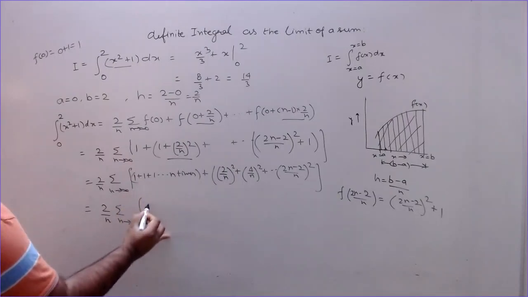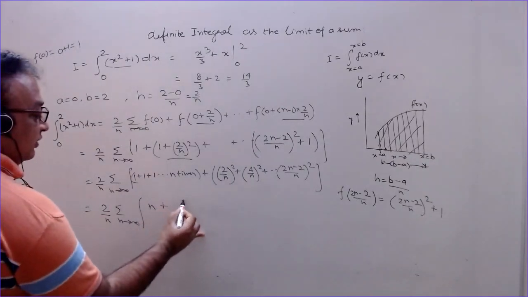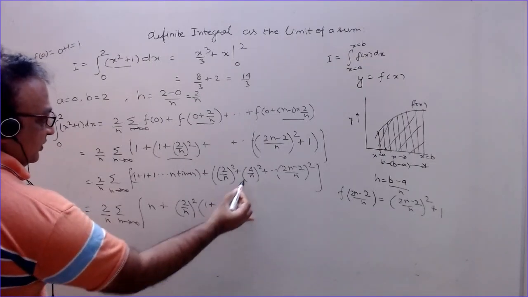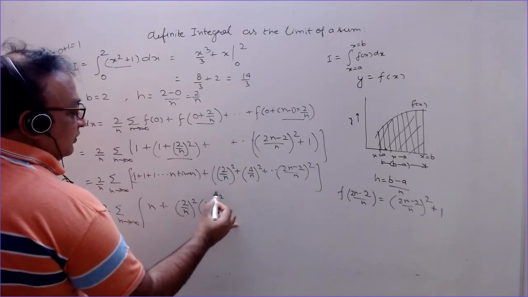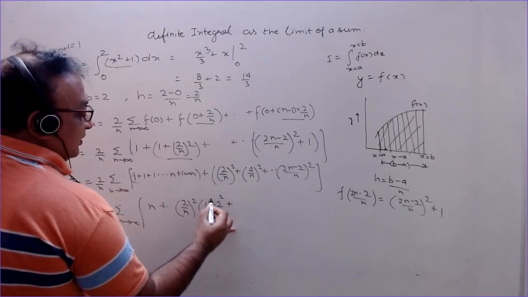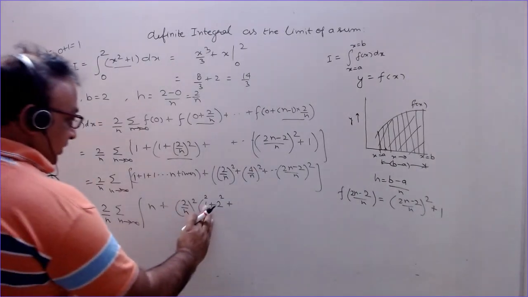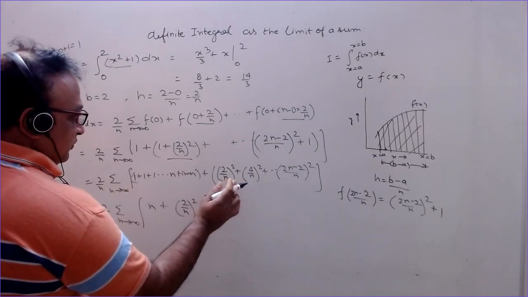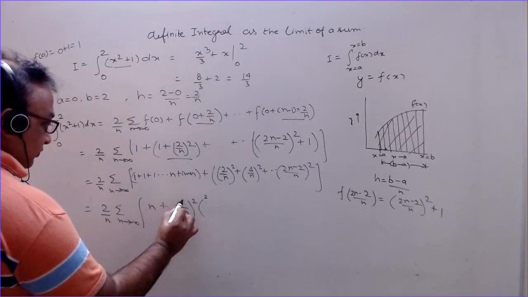So n times 1 is n, plus the next series. I can take 1 by n square as common, 1 plus this is 4, so this is 2 square, plus the next is 4 square. Sorry, I have taken 1 by n square as common, not 2 by n square.